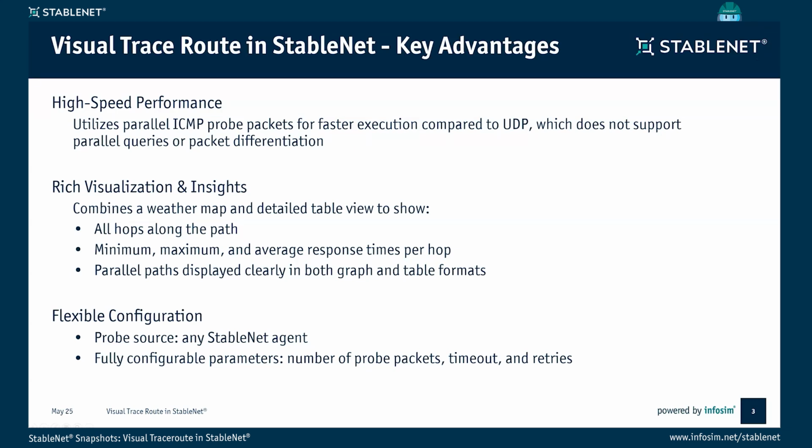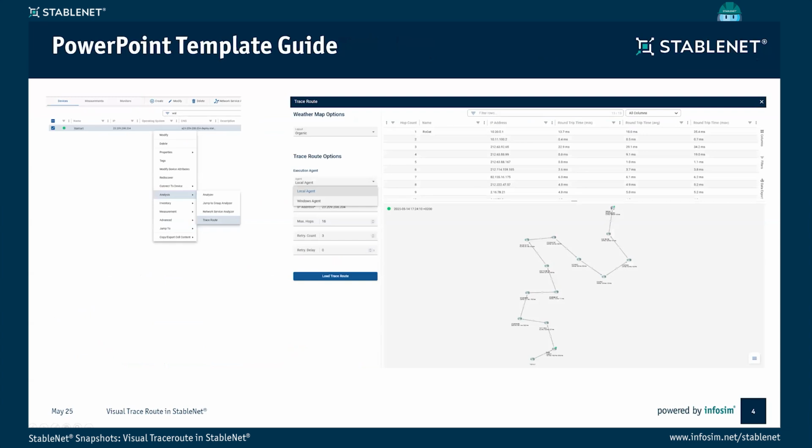Here I do have a screenshot of how Traceroute is represented in StableNet. Basically, all you need to do is move to the device tab, or you're accessing the inventory, and do a right click on the device itself, which directly opens this tab to you.